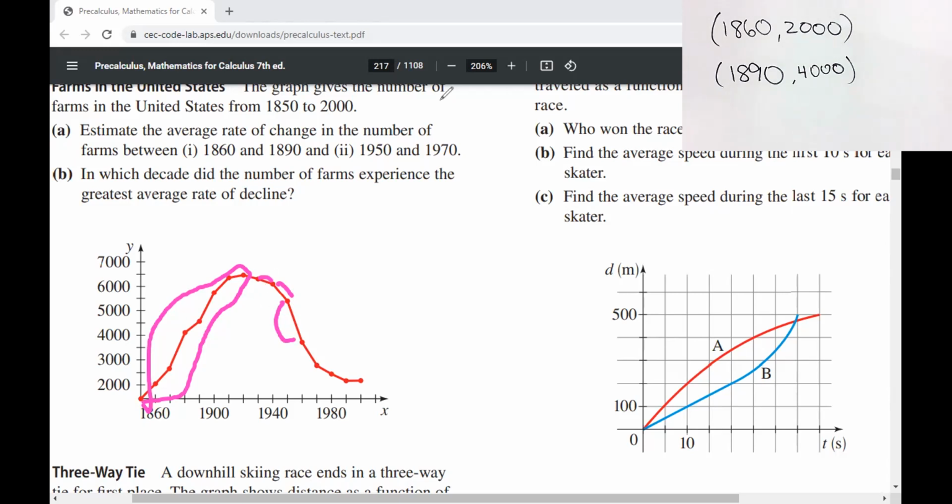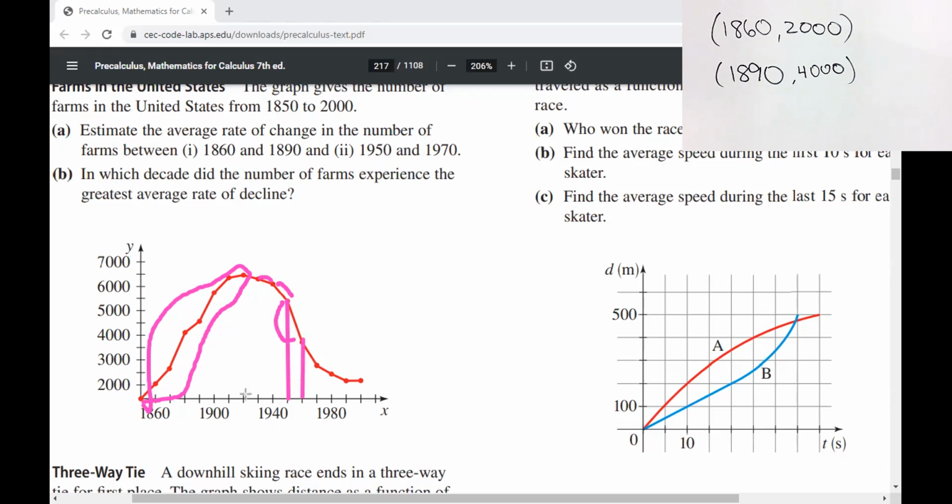Because if I make a line, that's 1950, and that has to be 1960. So which decade? The 1950s.